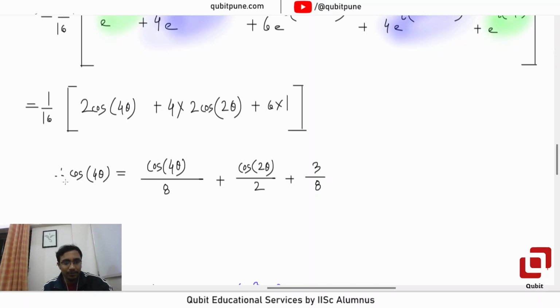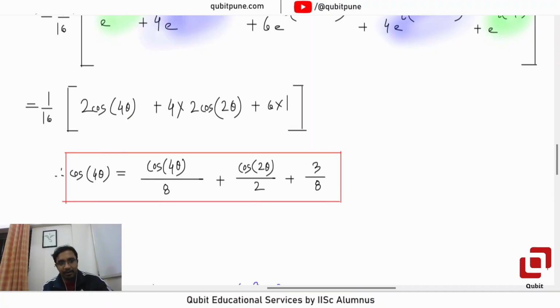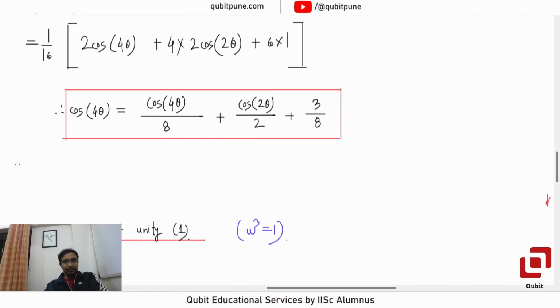That's the formula for cos 4 theta. Understood? So you may take this possible question.